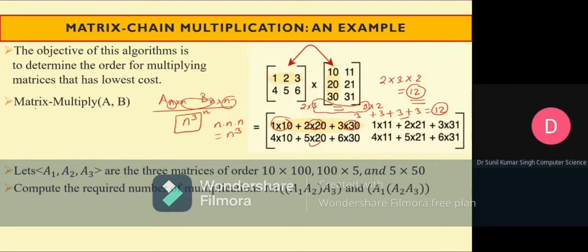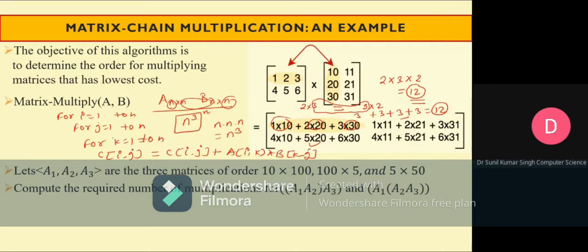And you already know matrix multiplication needs 3 loops: i equal to 1 to n, then for j equal to 1 to n, and then for k equal to 1 to n. Then to compute Cij, it will be Cij plus aik into bkj.